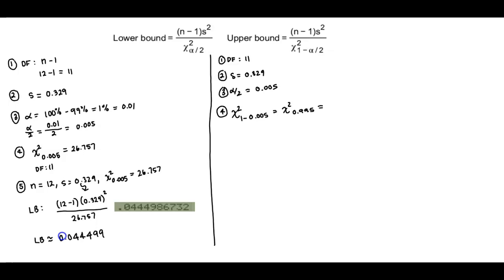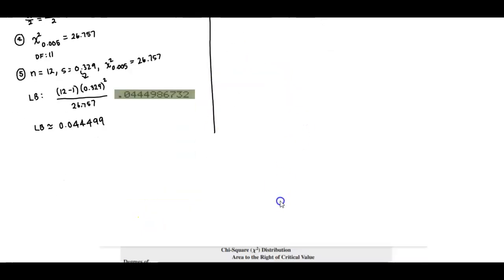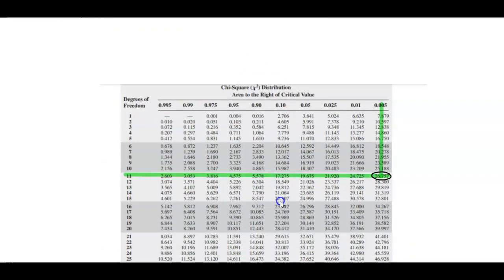So we know our degrees of freedom is 11, and we have 0.995 as the area. Let's find that critical value for chi-square. Here is 11, and we have 0.995. So we get the critical value of 2.603.